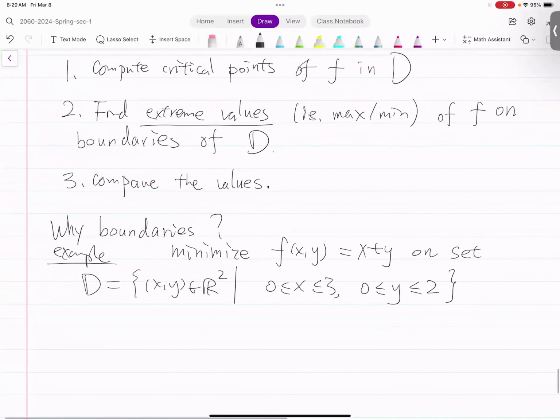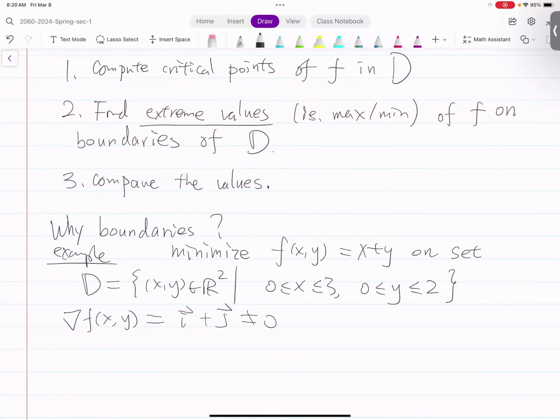So if we do the steps, we notice that okay, the function is x plus y, right? It's definitely differentiable. And then the gradient is exactly a constant vector. The partial derivatives with respect to x and y are both 1, so you have i plus j as the vector.